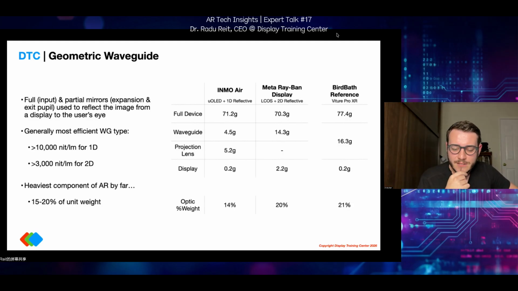And this is very consistent across all brands, all types of display and optics combinations, that the majority of the heft of your device is going to be sitting directly on your nose for the entire day, and can get very, very uncomfortable. It is going to be the most challenging part of this to solve, and it's certainly something that no manufacturer has been able to solve yet. And for reference, even the birdbath optics on the far right are around the same total weight percentage. Around 20% of the entire unit weight is concentrated on your nose bridge in the form of that birdbath optic.